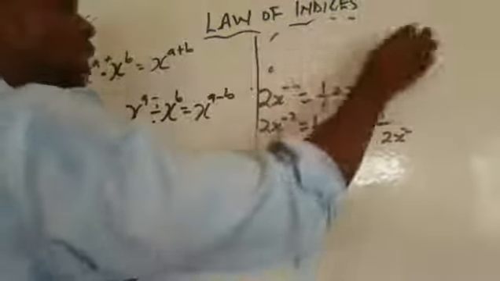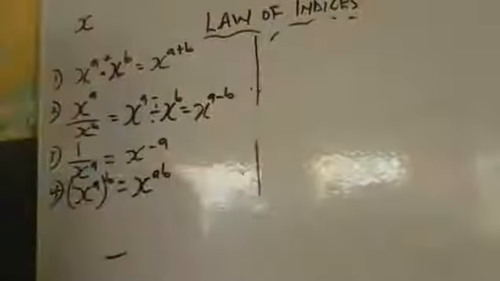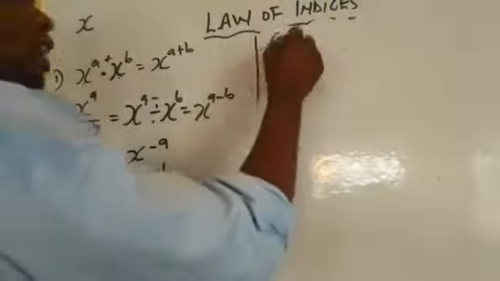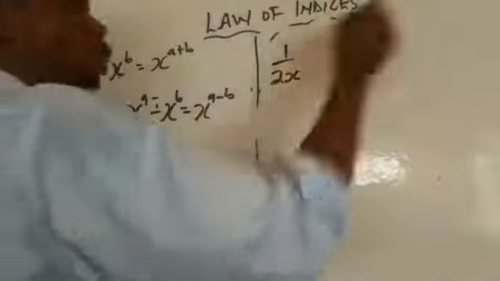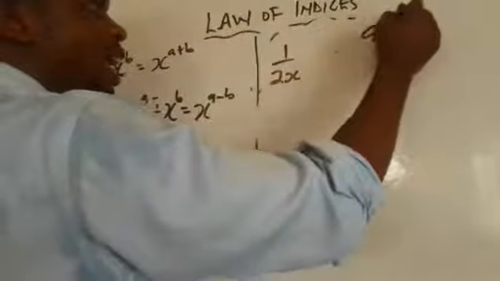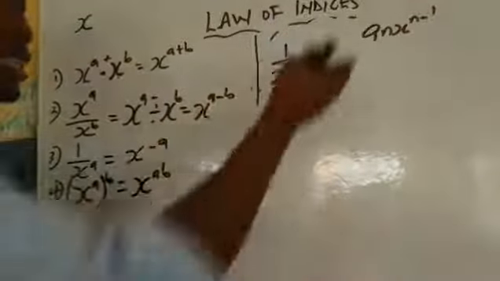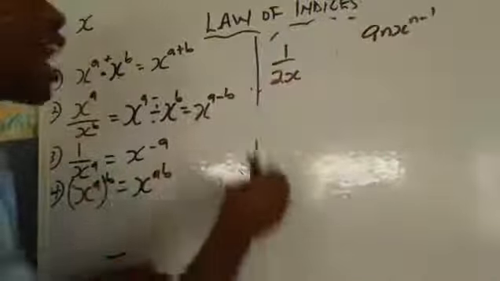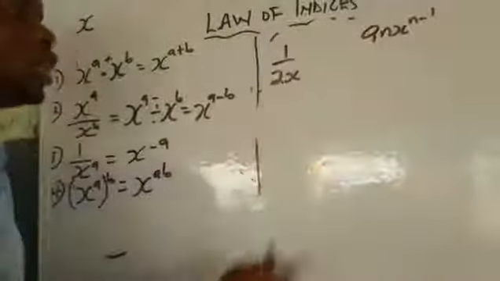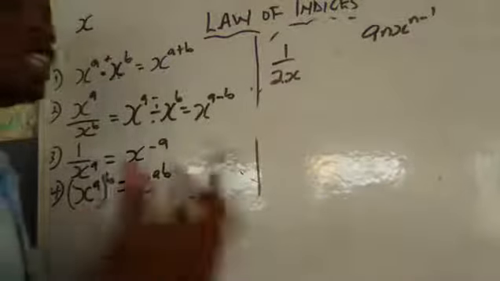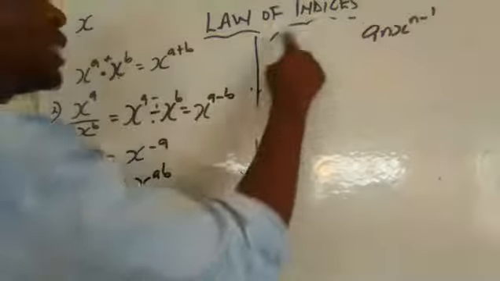Now this will let me say this. If you are doing differentiation, sometimes you'll have a question like this, 1 over 2x. When you are using the power function for this, n raised to power minus 1, it's in exponential pattern. It's given exponentially. You cannot differentiate this until you convert it to exponential form. So how do you convert this to exponential form?